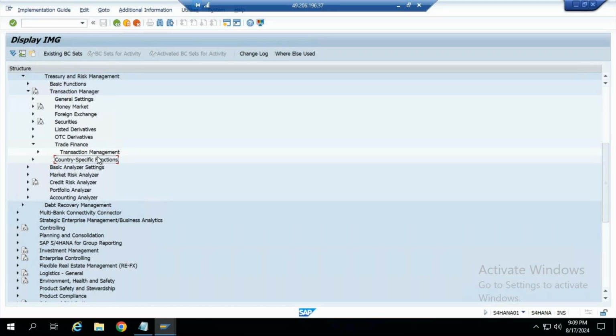The market risk analyzer is about all sorts of evaluation based on various market prices. And the credit risk analyzer talks about the rating of the organization. Let's say you want to make an investment with a bank.